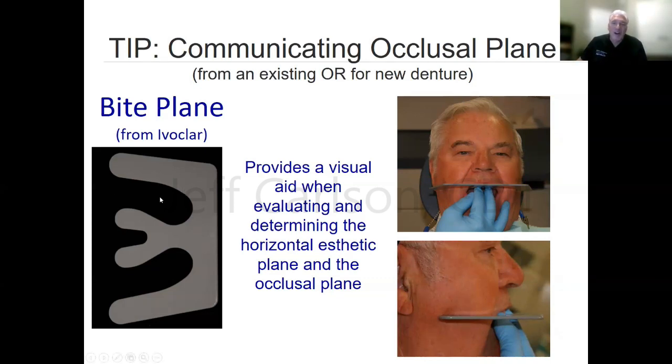It's very, very minimal. It's just plastic. But if you have an occlusal rim in the mouth, you just push this and hold it on that occlusal rim, and you can see how you're lining up with the Camper's line, which is from the ala of the nose to the tragus of the ear. The occlusal plane should be parallel with that.